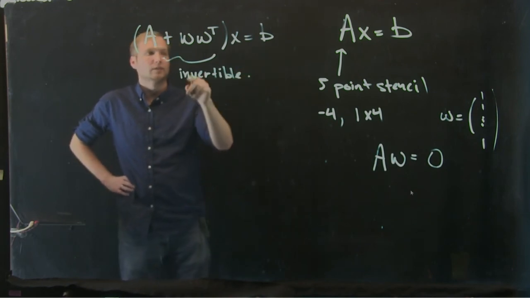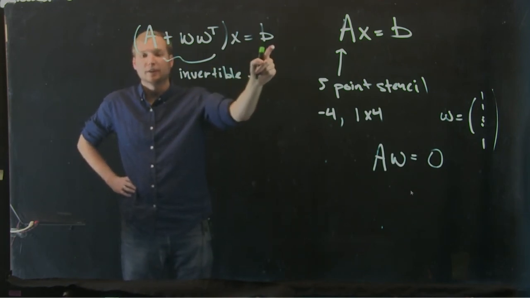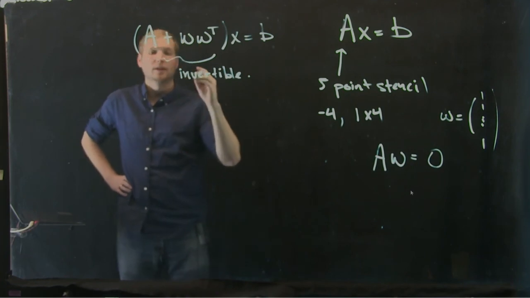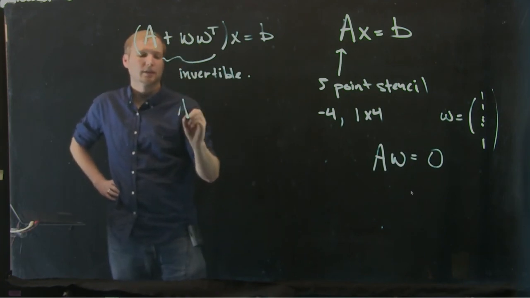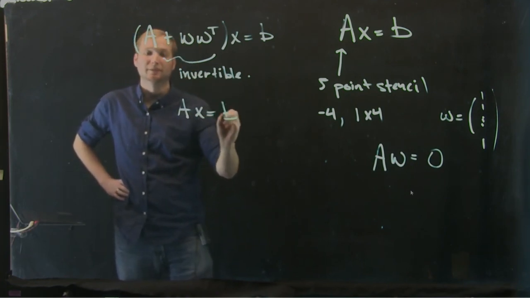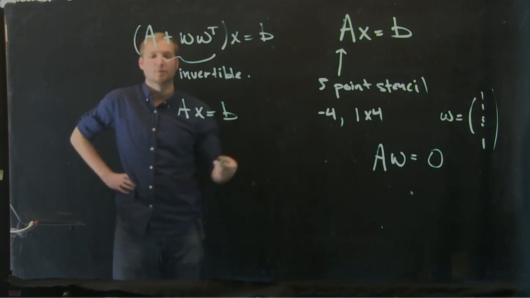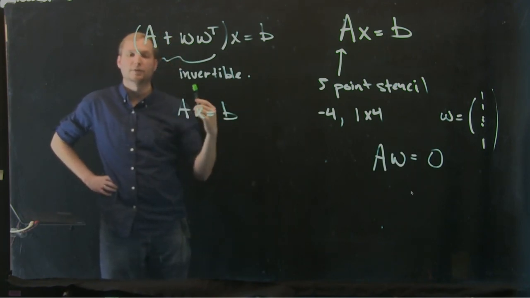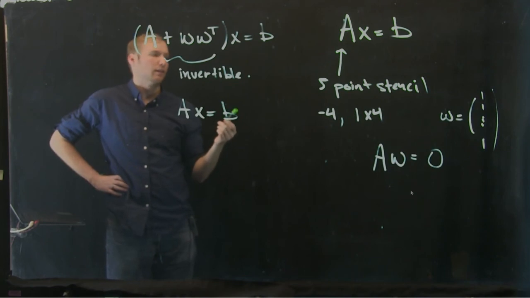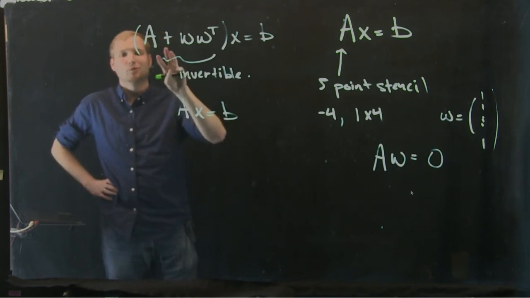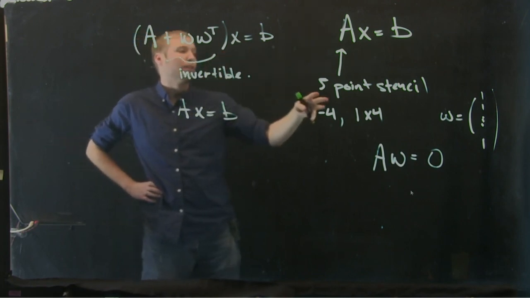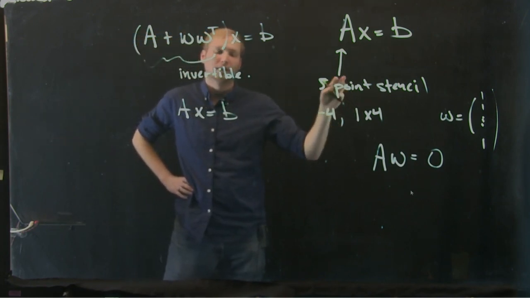And if b is in the range of A, then Ax will equal b. Okay. So on the homework, I have you show why all of that is true. And also, one problem with this is that the 5-point stencil is sparse.